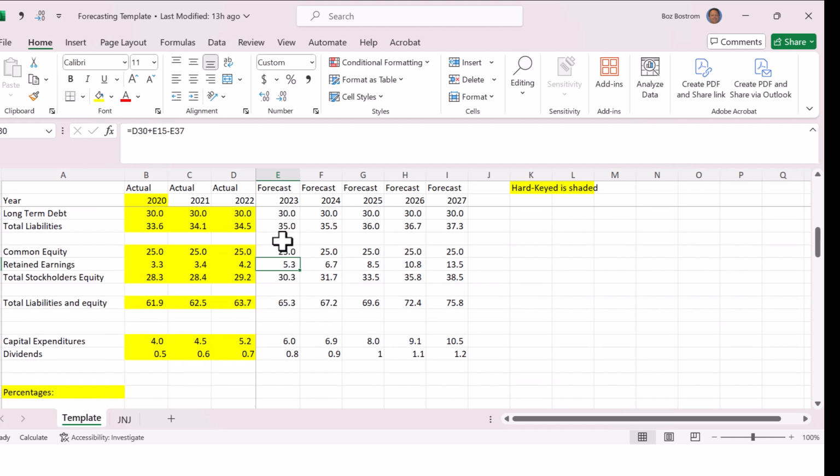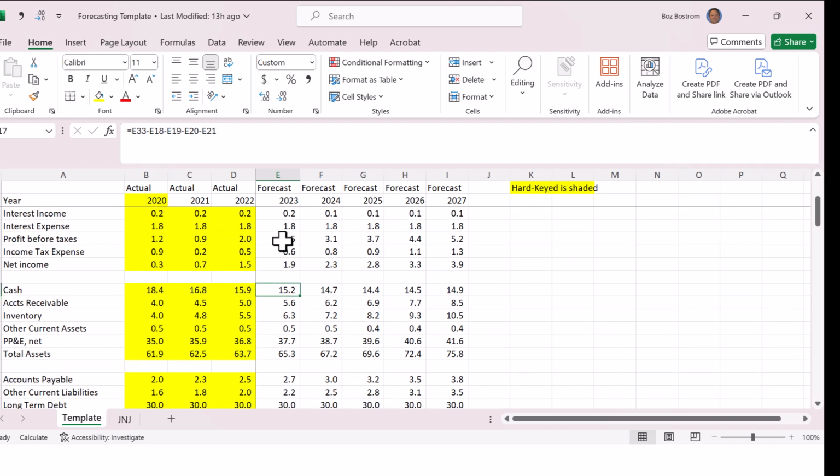That increases retained earnings, which increases equity, which increases liabilities and equity, which therefore means that the plug to cash has to be bigger, which then increases interest income, which increases net income, retained earnings, equity, total liabilities plus equity. It goes circularly.